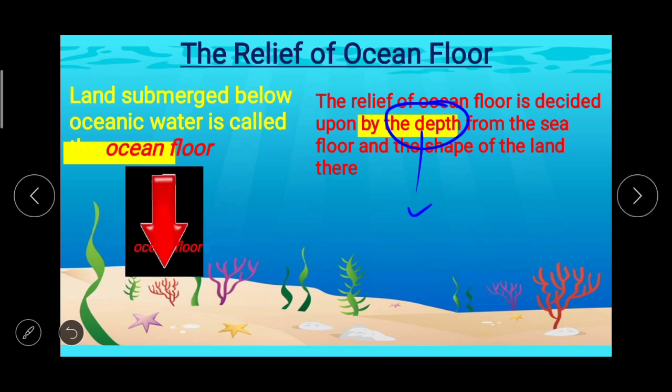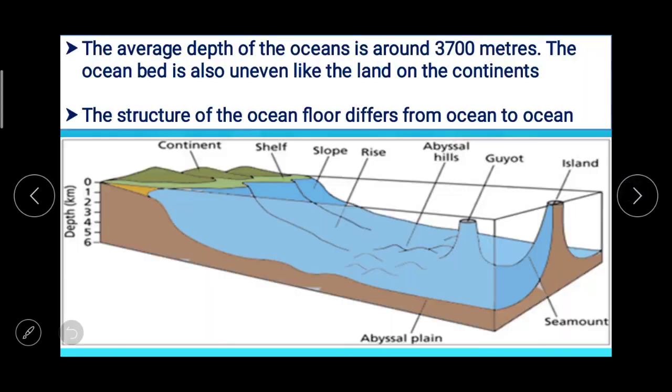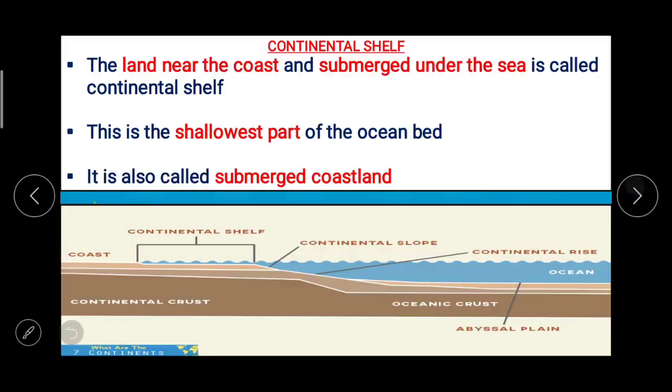You can see the average depth of oceans is around 3,700 meters. The ocean bed is also uneven like land on the continents. The structure of the ocean floor differs from ocean to ocean.